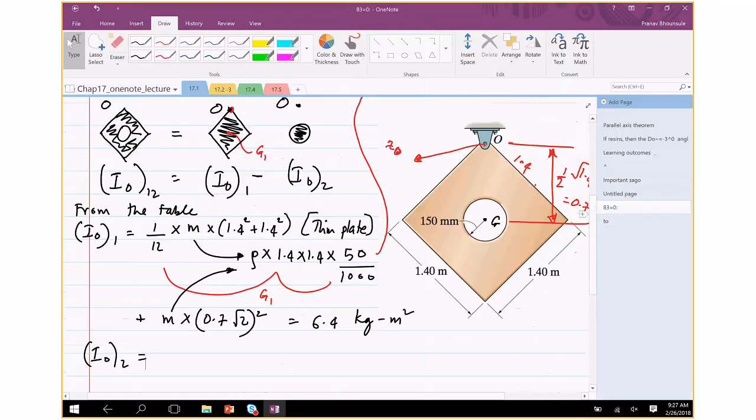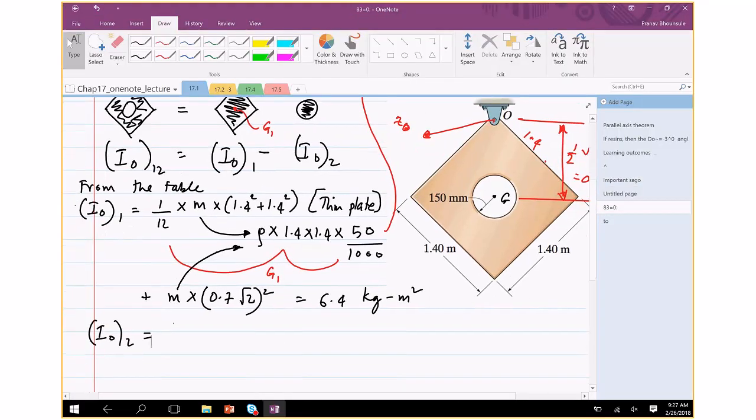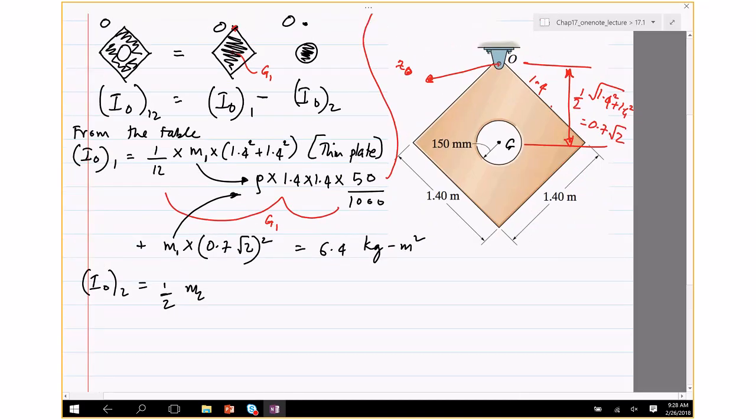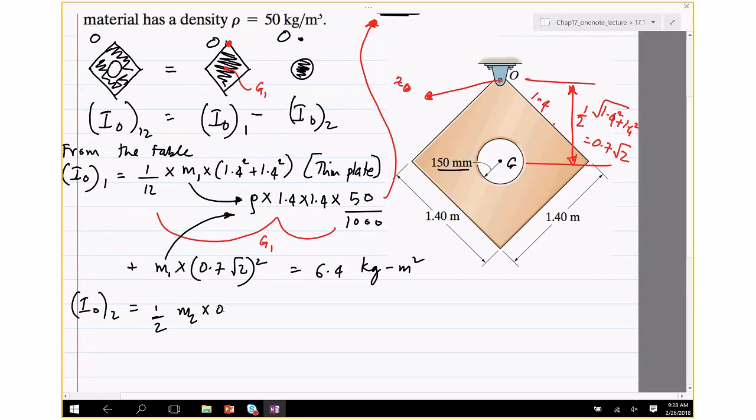So going back to this, half. We call this M1 to distinguish from the other geometry. So half M2, the radius is 150, so 0.15 squared.